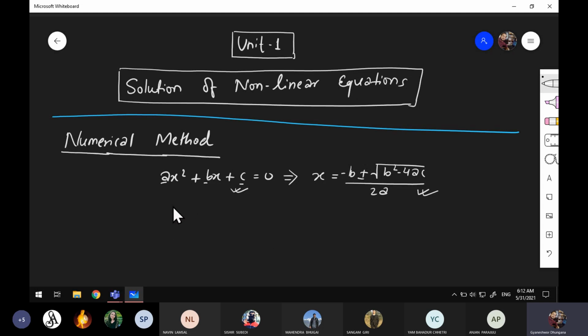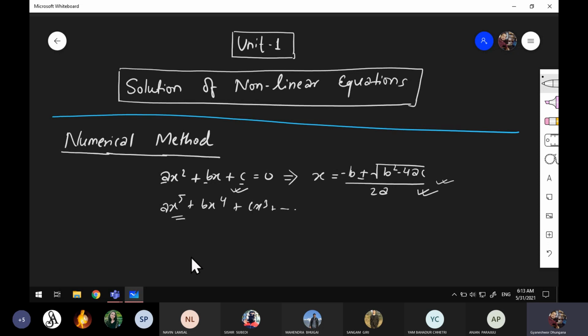But if we go to higher degree polynomial, for example, ax^5 plus bx^4 and so on, cx^3 and so on. For higher degree polynomial, it will be very difficult to solve this kind of problem by using the analytical approach, and we do not have the formula for that kind of solution also. Okay, in such case we must be able to use numerical methods.